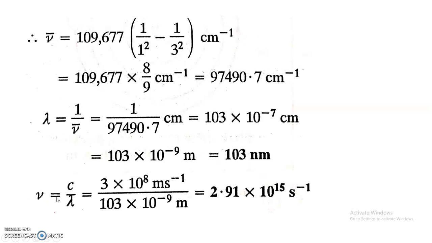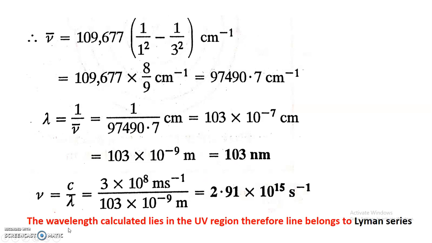Actually, we can also find out the frequency, and it is 2.91 into 10 raised to 15 per second. From this answer we come to know the wavelength calculated lies in the ultraviolet region, therefore the line belongs to the Lyman series.